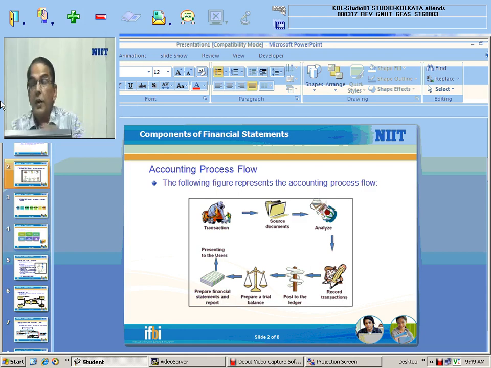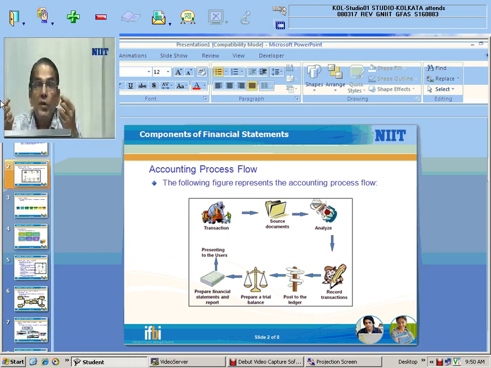Just to give an example, supposing during a day 3 sales have been made to 3 different buyers, all on credit. So these are accounts receivable. 3 sales have been made, there are 3 sales invoices.